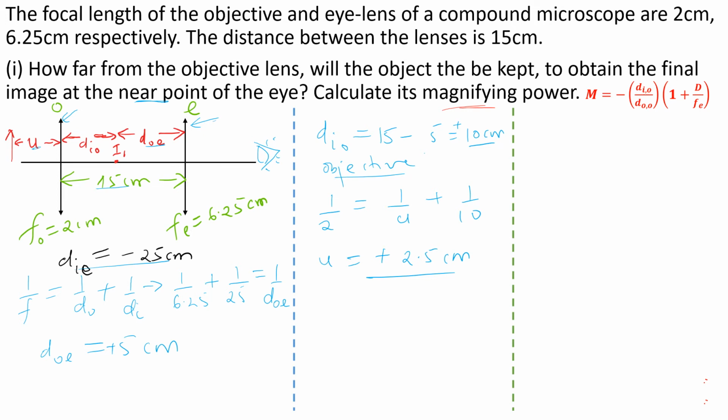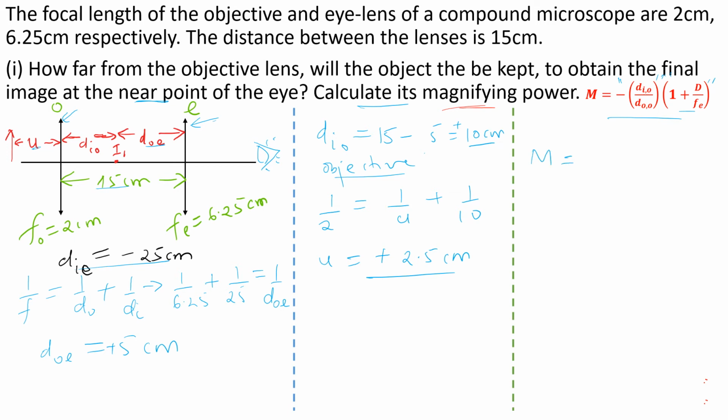For magnifying power, we have a formula here. Magnification is equal to negative D image distance for the objective over object distance for the objective, multiplied by 1 plus D over FE. So this first part gives magnification for the objective lens multiplied by the magnification for the eyepiece. We have everything. Let's just feed in.